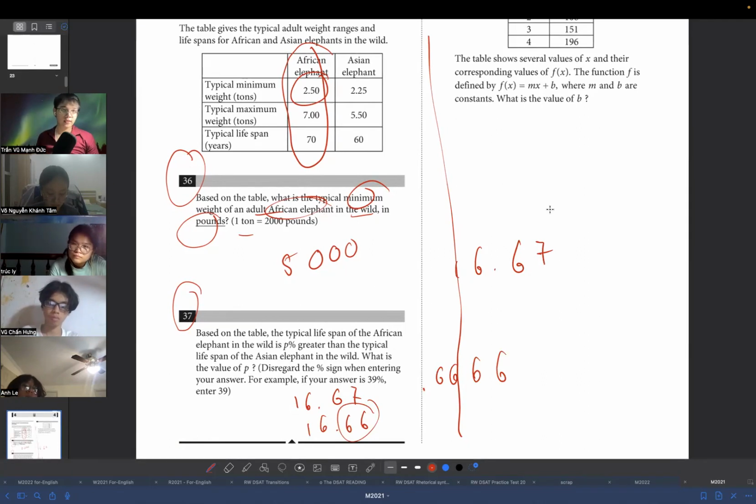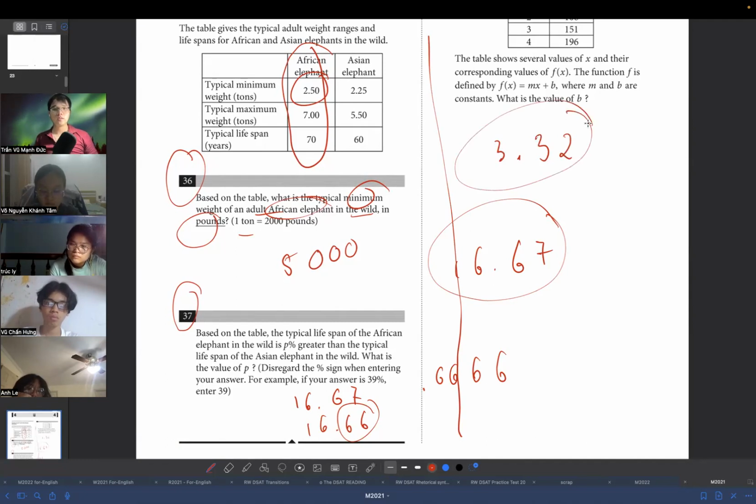If this is a final result, let's say 3.14 or 2.32, this is the final answer. But if you put in 3.33, this won't be correct because it is not the rounded version. In this case, this is an unlimited line of numbers, so you can either put in 66 or 67.